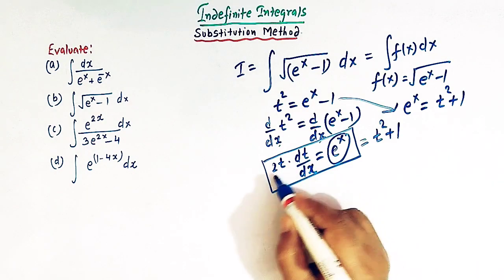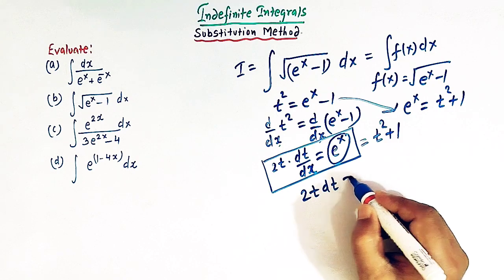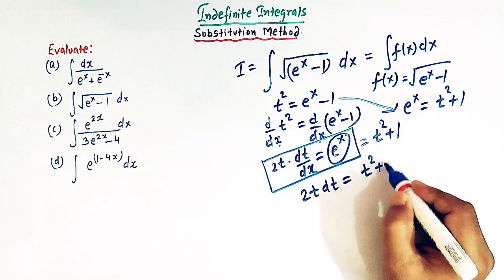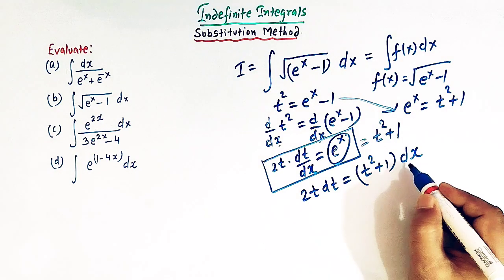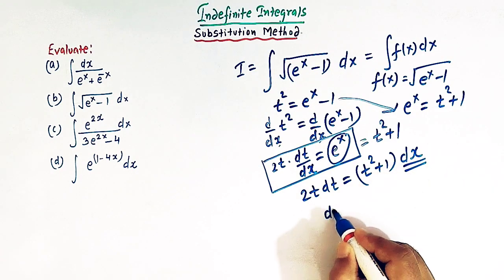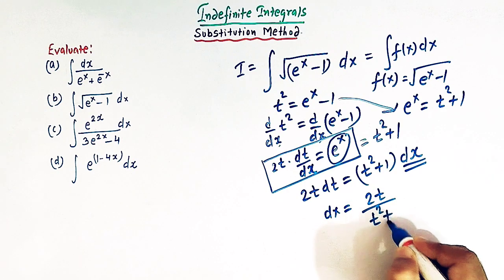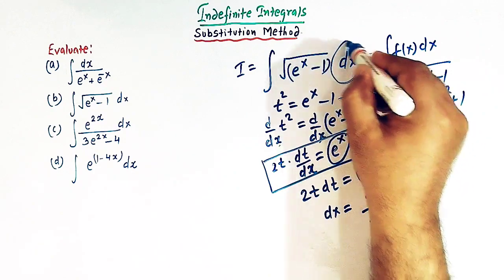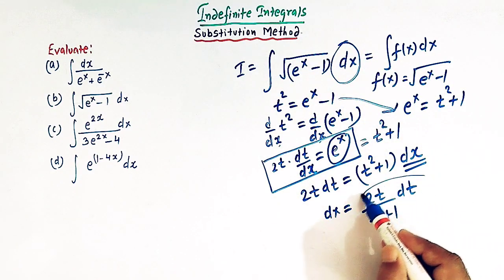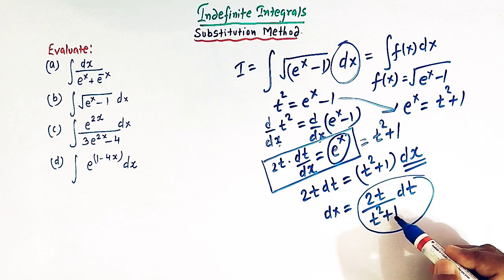So now we can write 2t dt is equal to t square plus 1 times dx, right? So dx can now be written as 2t over t square plus 1 dt. So the value of dx can be replaced by this expression, which is entirely in terms of t.